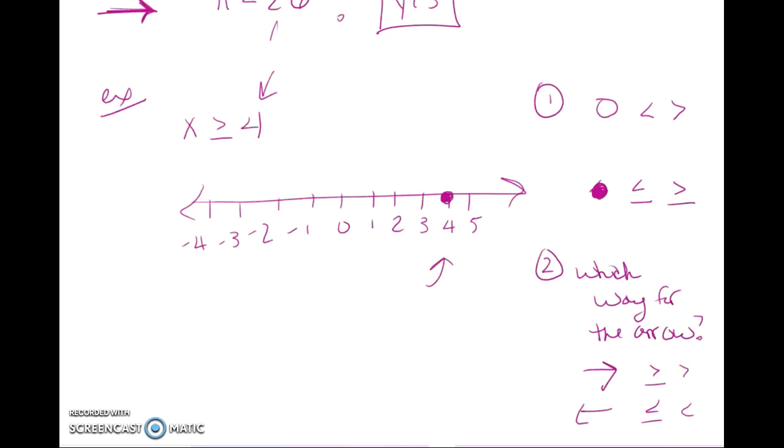So in this case, x is greater than or equal to 4, which means we want all of the values that are bigger than 4 for this expression. So we have a closed circle because it's equal to, and we have an arrow pointing towards the right because we want all of the values greater than 4 for this expression.